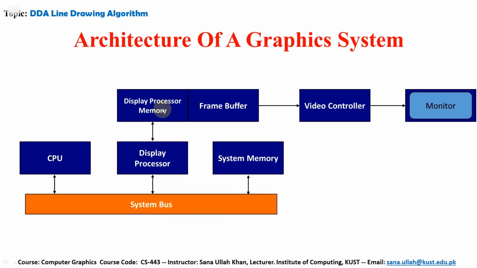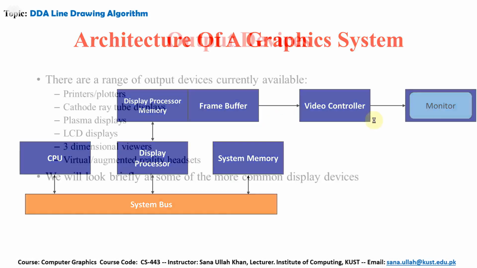The display processor contains a small memory and the frame buffer, which combines the bits of different types of graphics. After that combination, it sends the combined data to the video controller and then to the monitor.